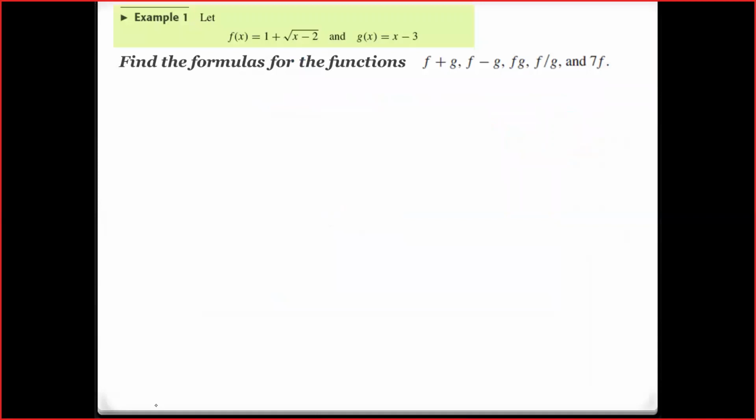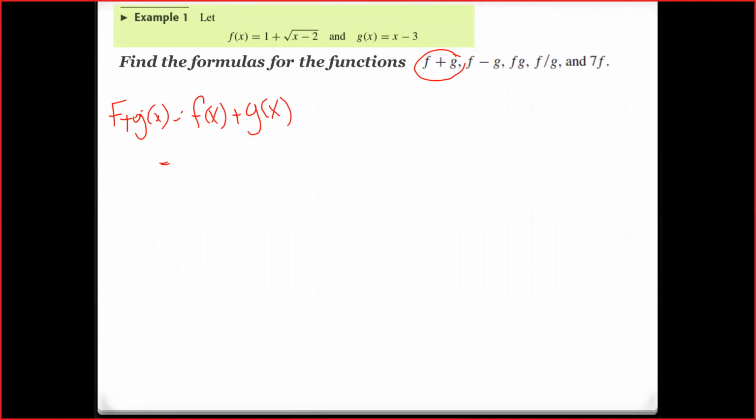Now, let's take example number 1. If you have f of x equals 1 plus square root of x minus 2, and g of x is x minus 3, I want you to find the formulas of the functions if they are added. Let's do f plus g of x. It will be f of x plus g of x.